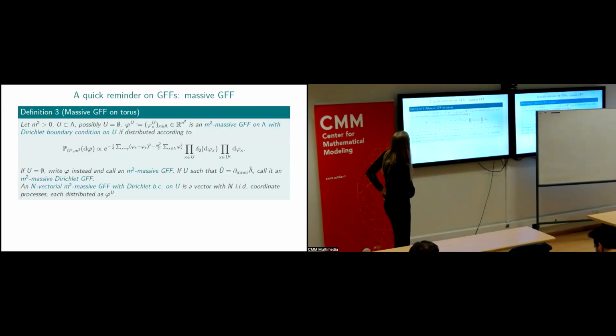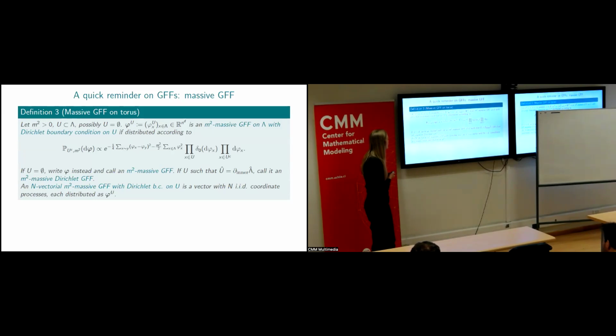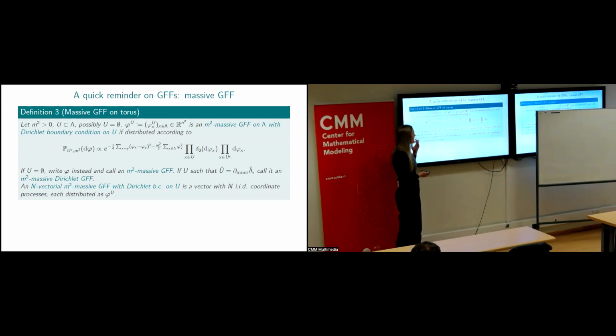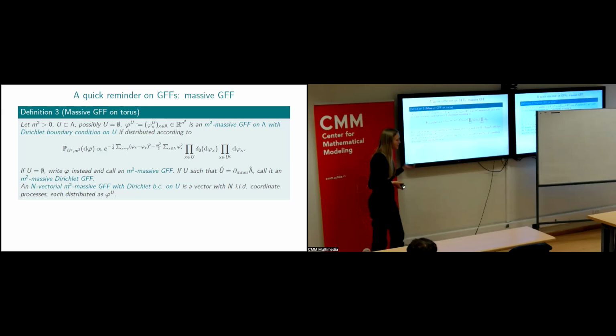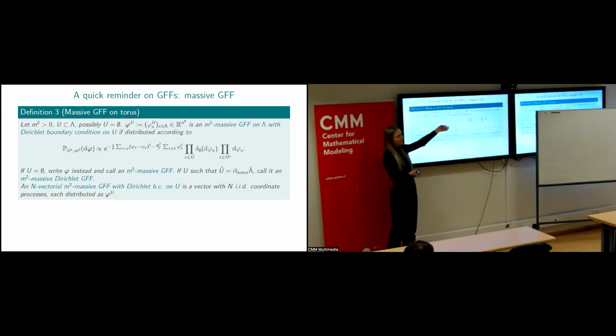Okay, now let me give a very quick reminder on the Gaussian free fields that we will use. We will use the massive Gaussian free field. So what is it? The way I wrote the density here, it is a multivariate normal variable which has a specific correlation function. When one rewrites the inverse of the correlation function in a nice way, one gets such a density.